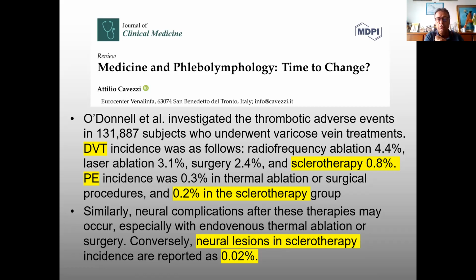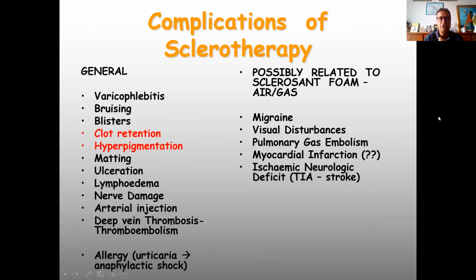And the same is true for neural lesions in sclerotherapy in comparison with endovenous thermal ablation or surgery. This is just to highlight since the very beginning that somehow sclerotherapy has a quite lower rate of complications.